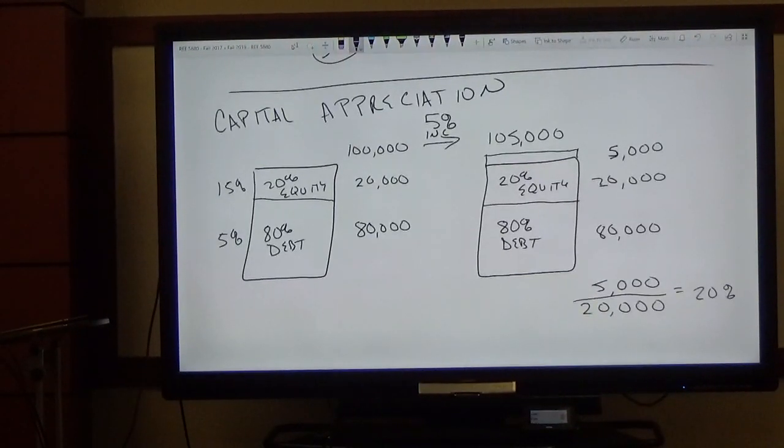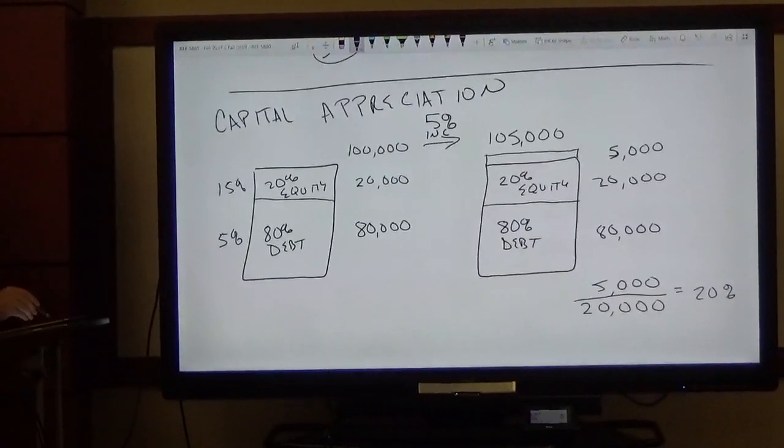So that's a 20% increase in your equity in the house. But now, what if you were to look at it a little bit differently?